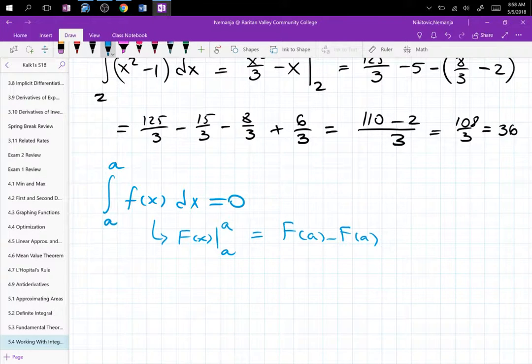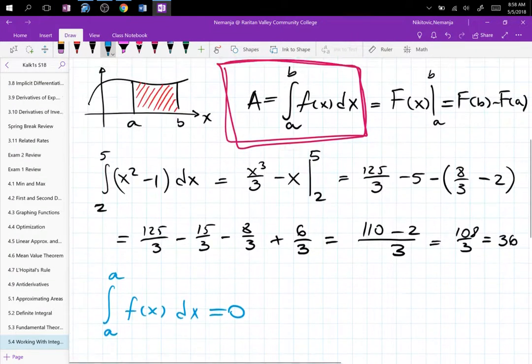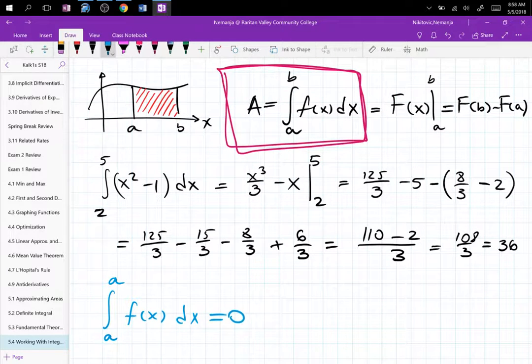But there's a faster proof than that, if you just reason about what this thing does. Our integrals, the definite integrals, are computing the area under the curve. So we know that it goes from a to b. But if it goes from a to a, then the width is 0.